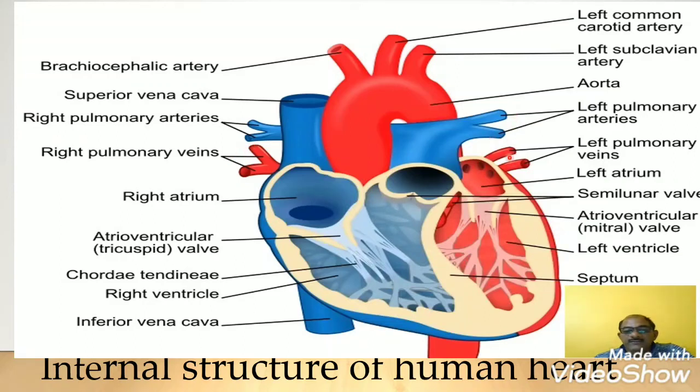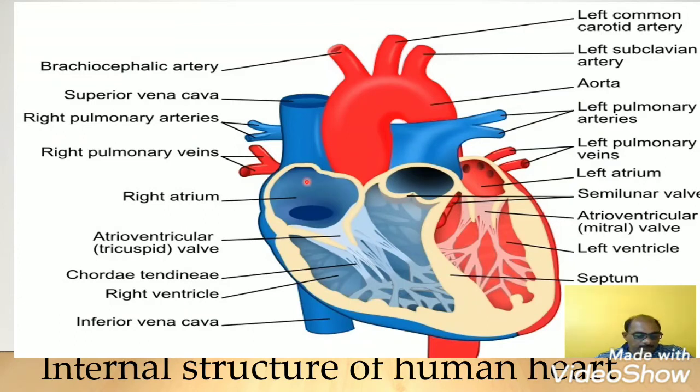Two left pulmonary veins and two right pulmonary veins collect pure blood or oxygenated blood, and that blood reaches the left auricle or left atrium, and each atrium opens into a ventricle. This right atrium opens into the ventricle, and the left atrium also opens into the ventricle.